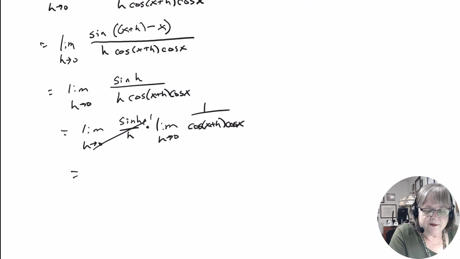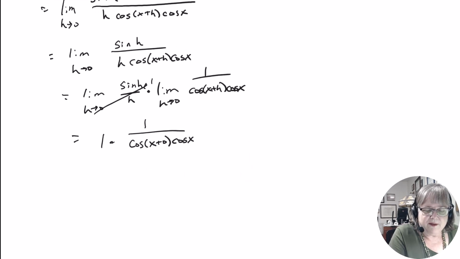This is 1, so it's 1 times 1 over cosine x plus 0 cosine x. So it's cosine x times cosine x.